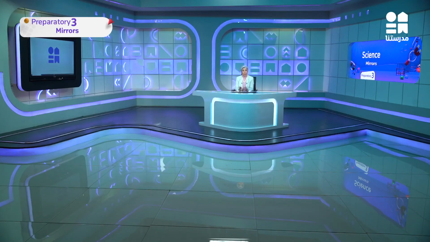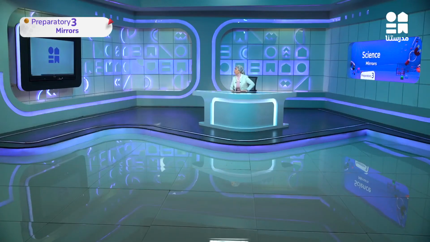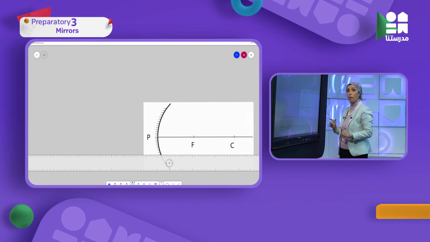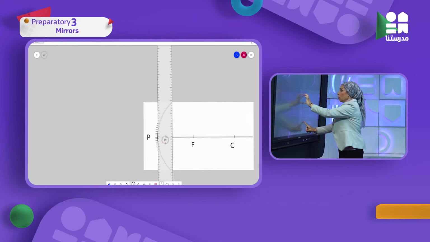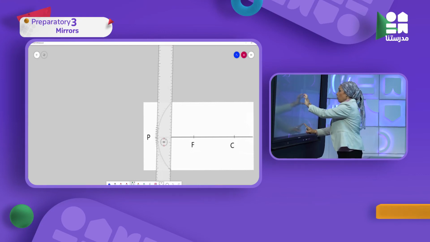After we make a comparison between real and virtual image, let's draw the next case, to see how we can see the virtual image. Here in this case we are going to put the body between the focus and the pole.